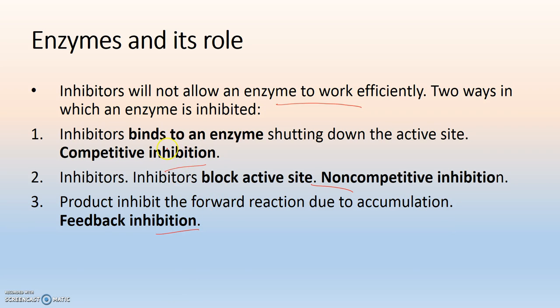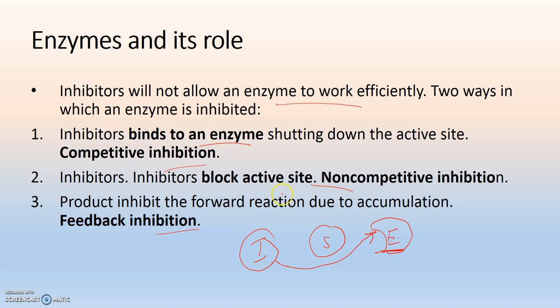So competitive is the one which binds to an enzyme. Here the inhibitor looks like the real substrate, so it will bind to the enzyme. Here's my enzyme. The inhibitor is binding to the enzyme instead of the substrate, and therefore it will not allow the enzyme to work efficiently.